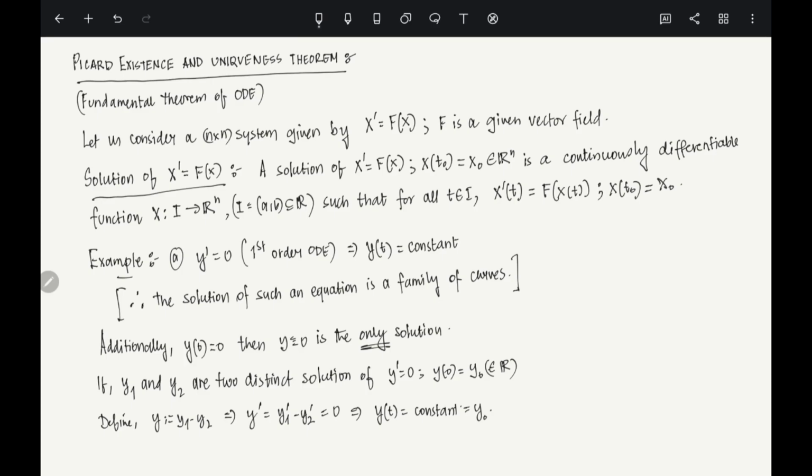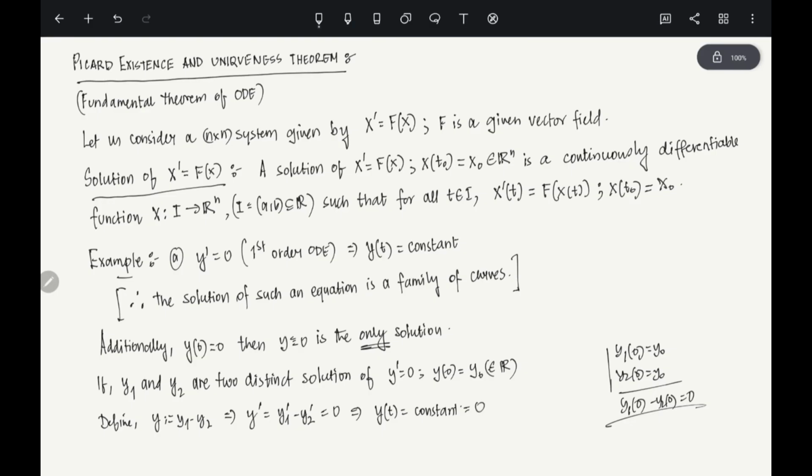But the constant is not y0 here, because y is y1 minus y2, and y1 at the point 0 is y0, and y2 at the point 0 is y0. So y1 of 0 minus y2 of 0 is 0 essentially. So this is nothing but 0.